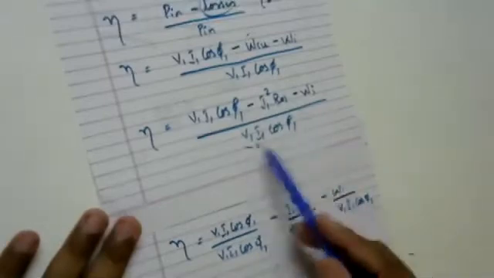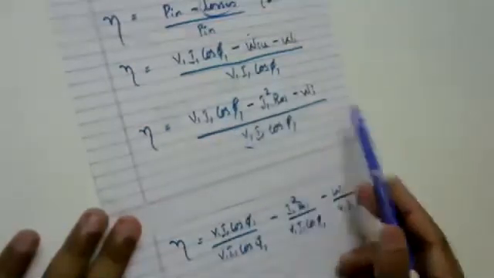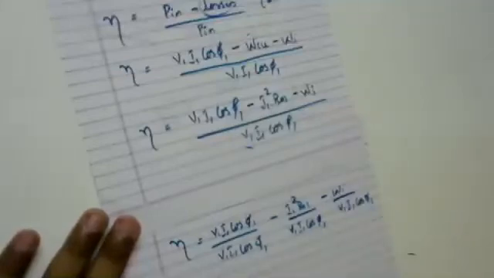I have taken the denominator separately for each term. So now what happens to my equation for efficiency?